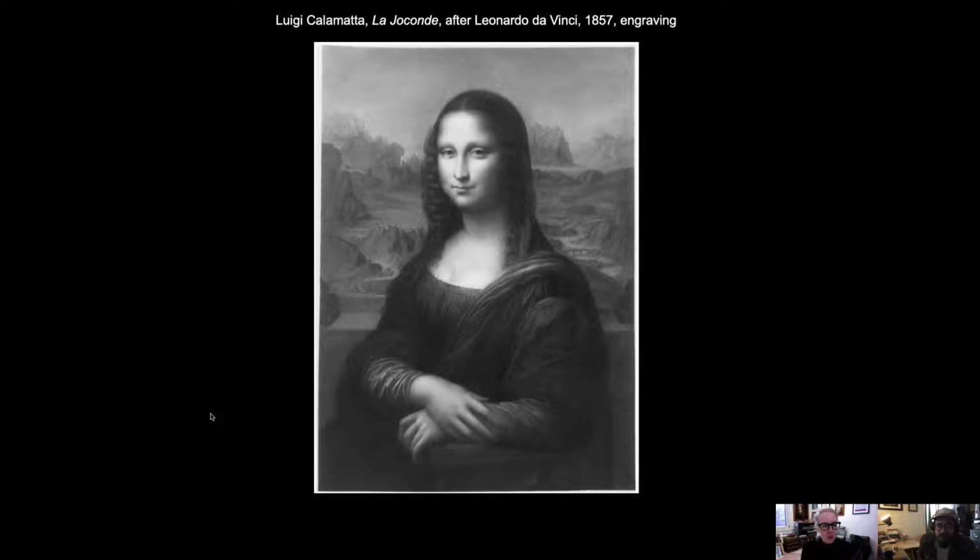So in a sense, there's an extent to which Calamatta is creating value around his own work as a reproductive printmaker. That is, and there were people who argued that this print, Calamatta's print, was better than the painting. And that was not an uncommon thing.